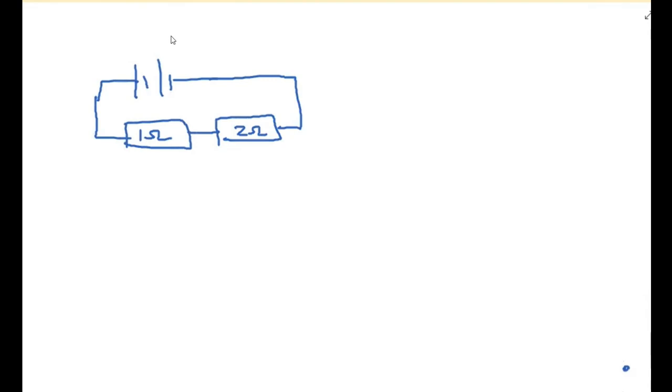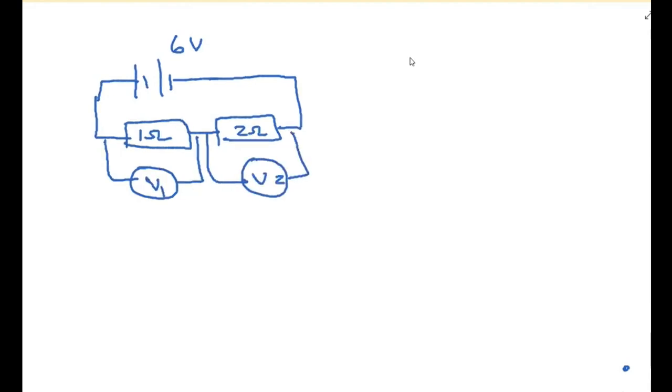And if you know that this is 6 volts, and you've got to work out these V's, V1 and V2, you know that 6 must be equal to V1 plus V2. Because V1 and V2 are across series, that 6 must be splitting, and it does not split in any strange ratio. It actually splits in exactly the ratio of the resistances.